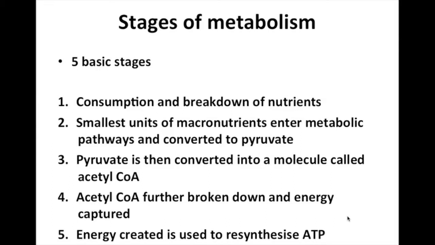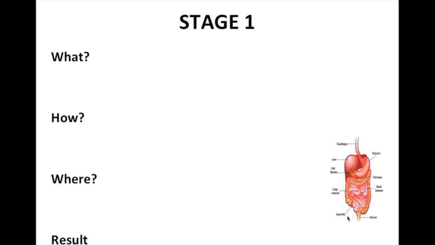And the energy we capture from the breakdown, we use to reattach the phosphate bond onto ADP to make ATP. So let's look at each stage in a bit more detail. On each stage, we're going to look at what, how, where, and ultimately what happens.